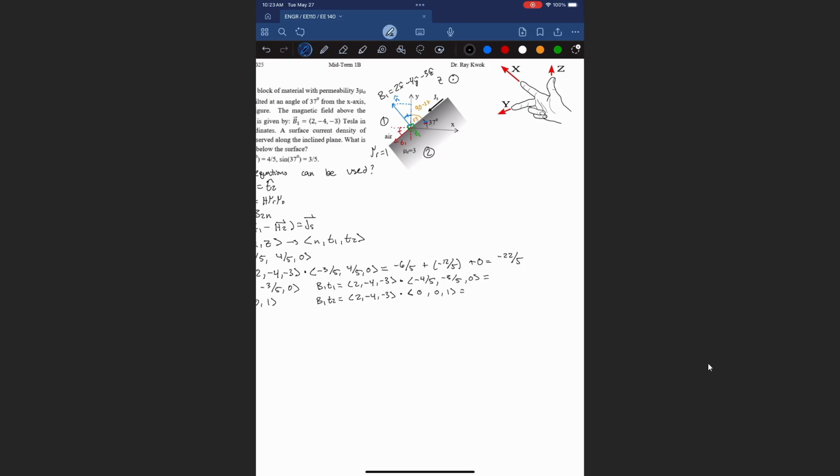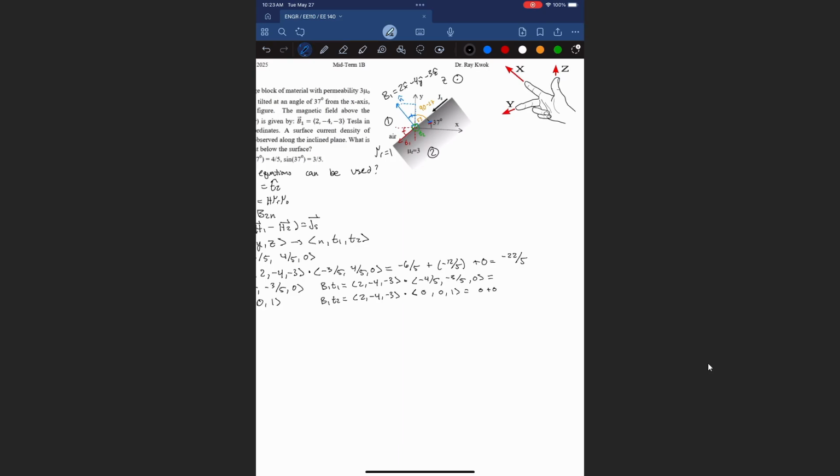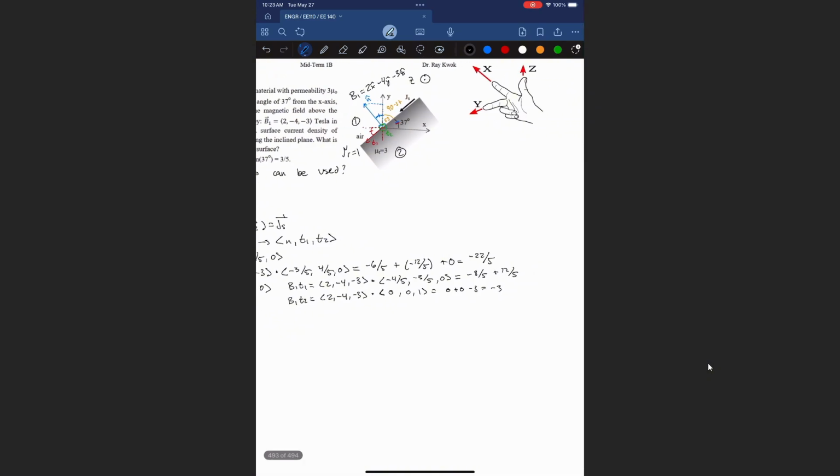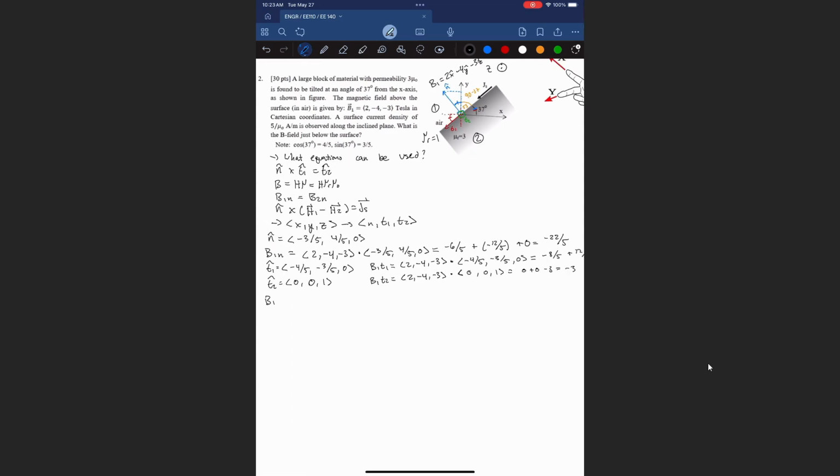With this, we get the value of B1t2 equaling -3 and B1t1 equaling +4/5. With this, B1 is converted into -22/5 n hat plus 4/5 T1 hat and -3 T2 hat.